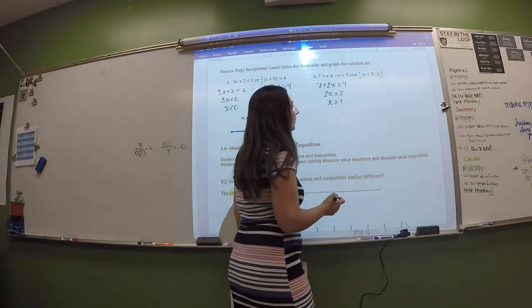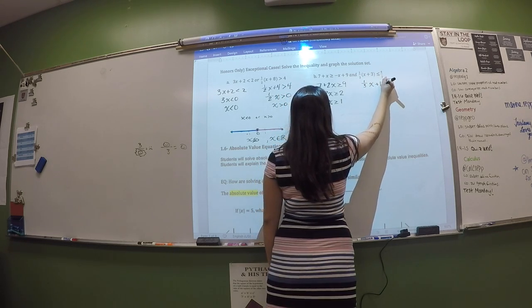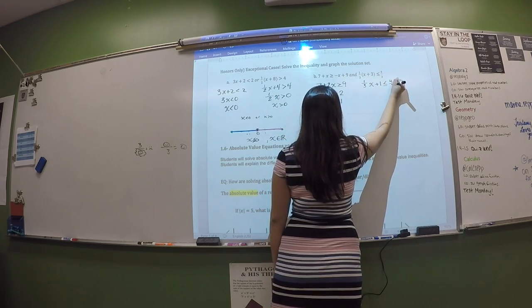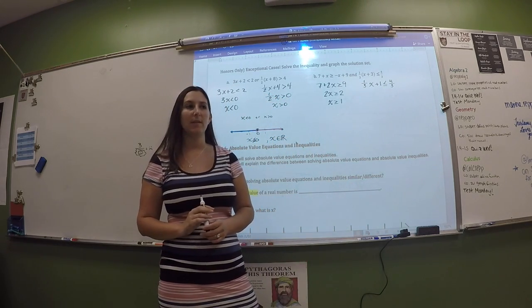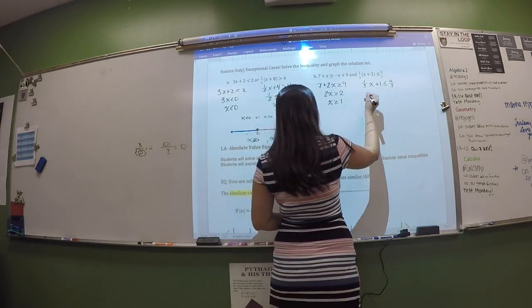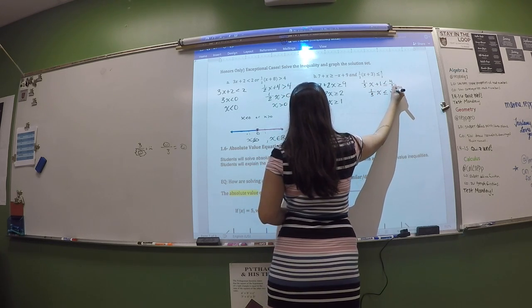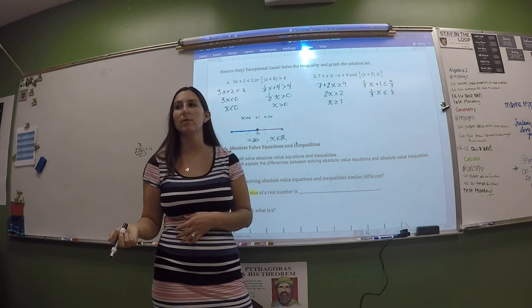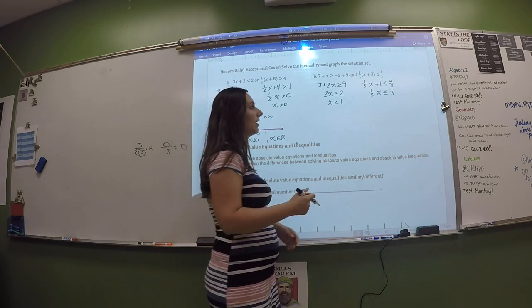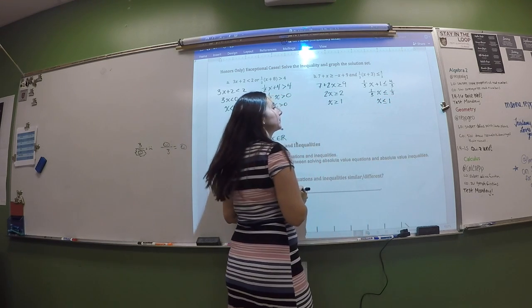I'm going to go to the other one. I can distribute and get 1/3 x plus 1 is less than or equal to 4/3. And then subtract 1, so what's 4/3 minus 1? 1/3. 4/3 minus 1 is like 4/3 minus 3/3. And then divide by 1/3 or multiply by 3 and you get x is less than or equal to 1.